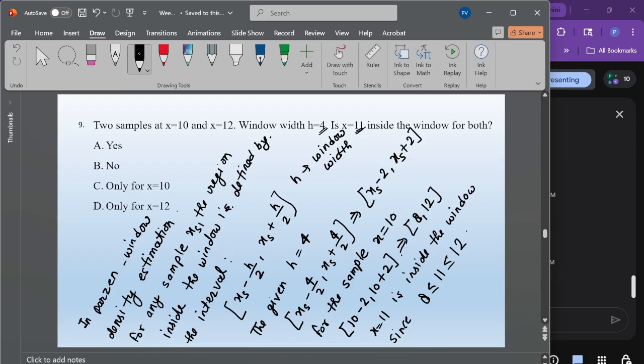So x is inside the window for the sample x is equal to 10.